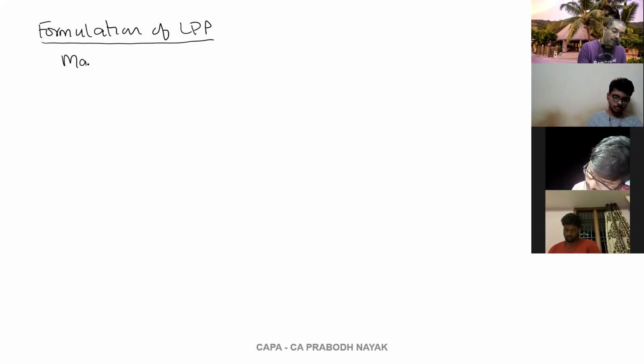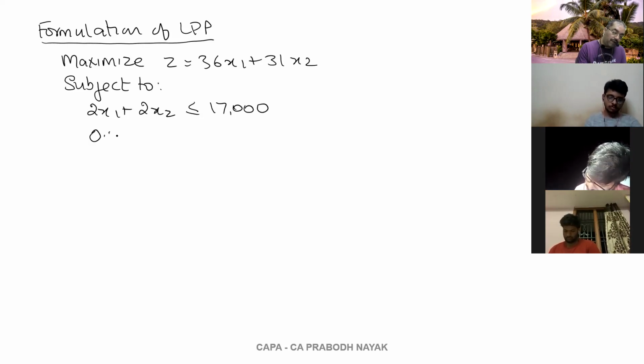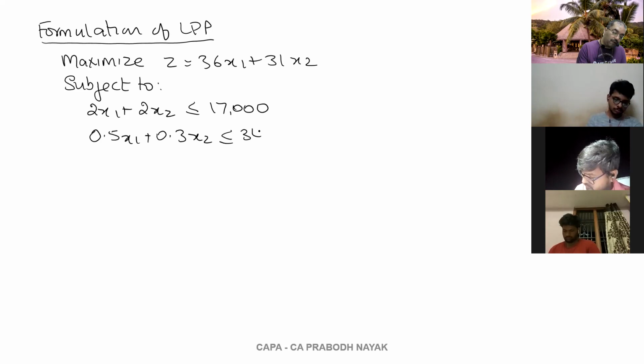Maximize Z is equal to 36x1 plus 31x2, subject to 2x1 plus 2x2 less than or equal to 17,000. 0.5x1 plus 0.3x2 less than or equal to 3,400.